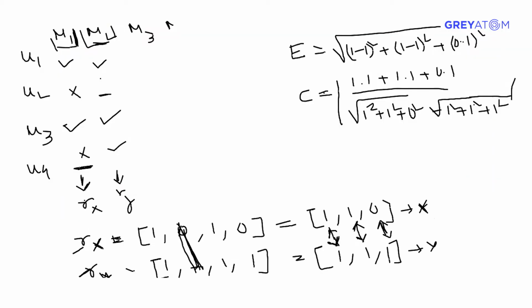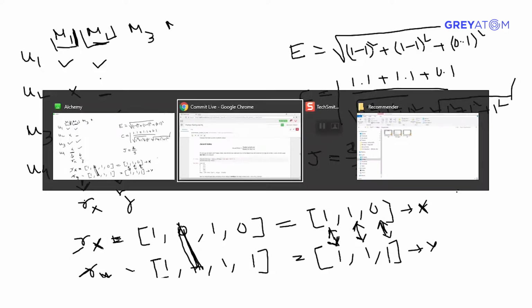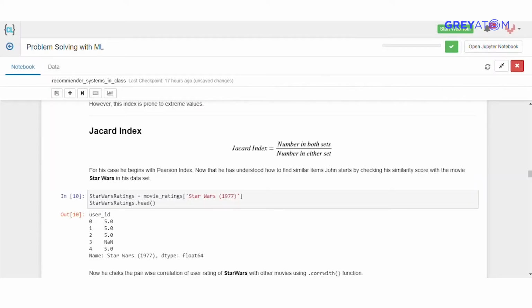In this case, the values match in 2 of the 3 cases, 1 1 1 1 here, but in the third case the values don't match. So J equals 2 out of 3. Again, the higher the Jaccard index, the higher the similarity.